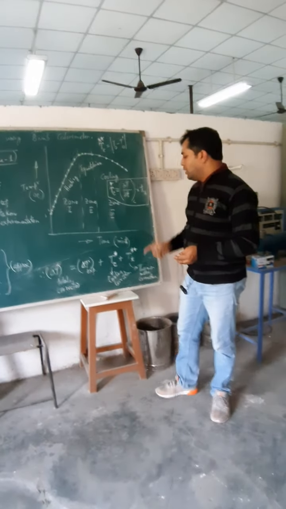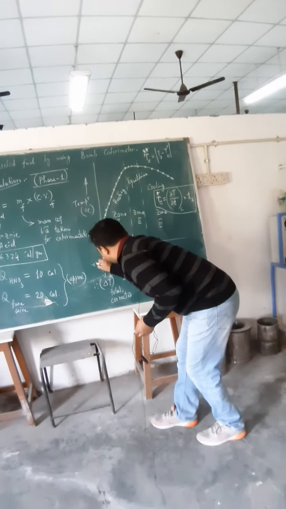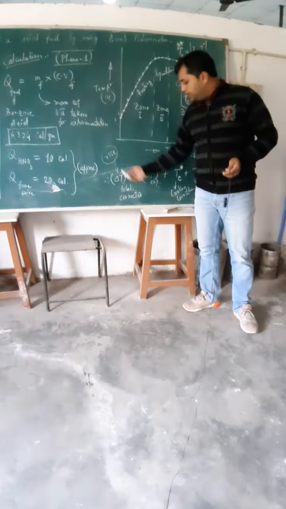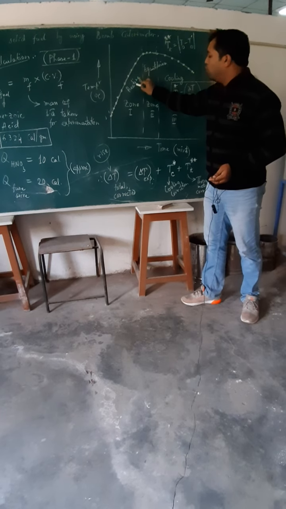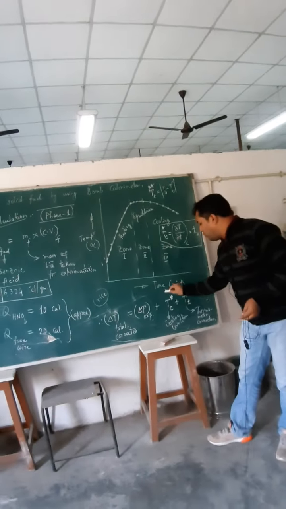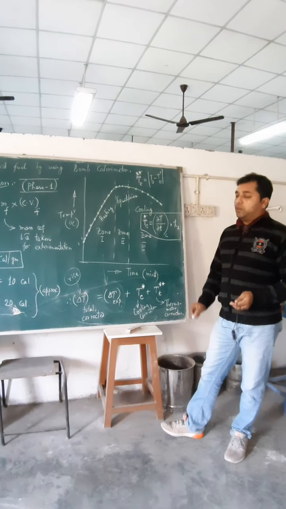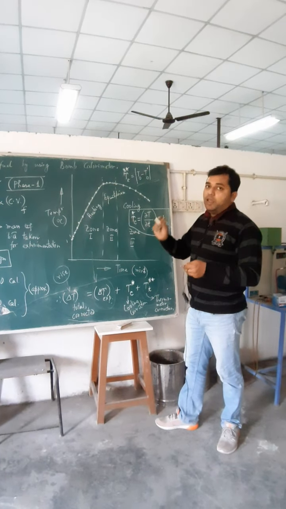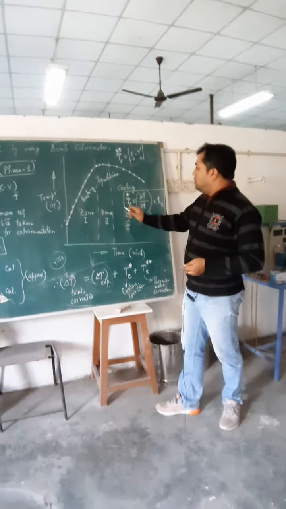So the total rise in the temperature of water in the entire experiment, the corrected one, is the actual rise which we obtained from the heating zone, zone 1, plus the cooling correction which we will obtain from the cooling zone, plus the temperature correction, called the thermometer correction factor, which we will find from the blinking of temperature initially before the experiment is started. So this is the significance of this graph.